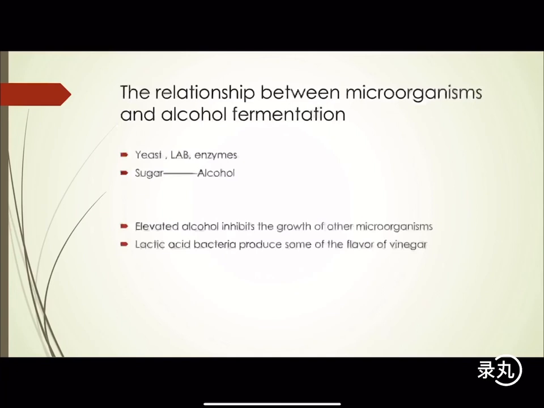In fruit vinegar, because the sugar concentration is higher than in others, the help of the mold is not needed. So the main microorganisms at this stage are yeast, lactobacillus, and enzymes.